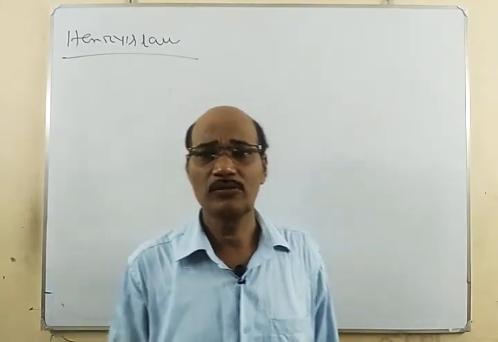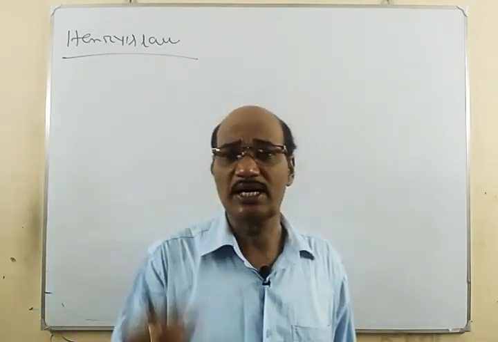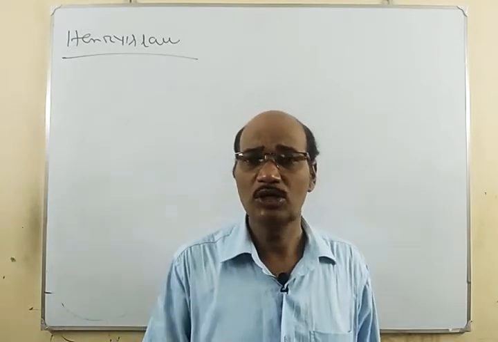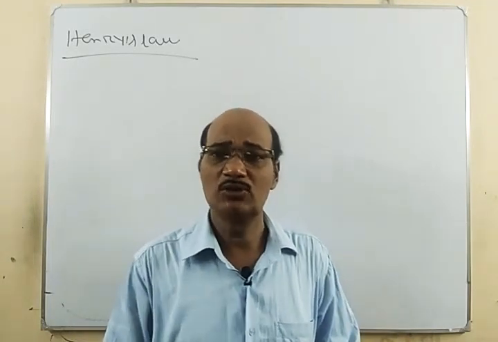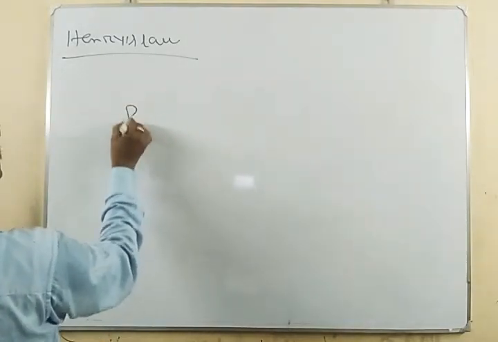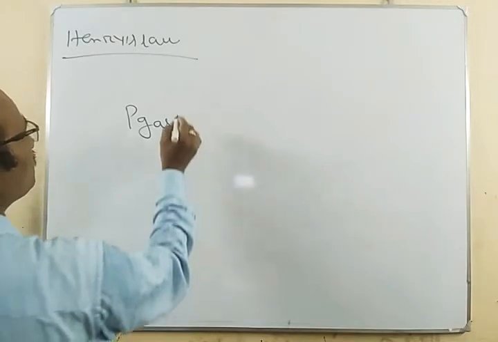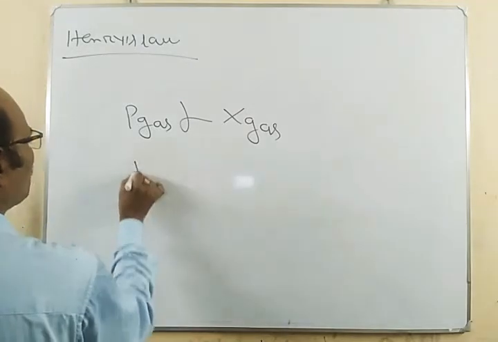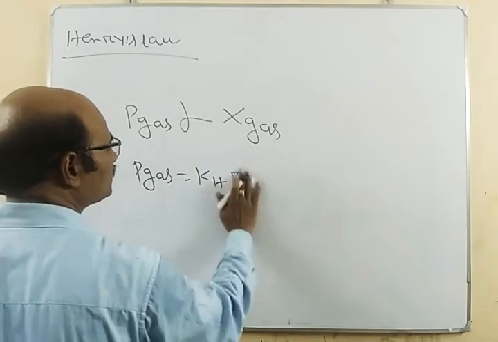So generally, if we express the solubility of the gas in terms of mole fraction, then you can say the solubility of the gas is proportional to the mole fraction of the gas, or P gas is equal to KH times X gas.